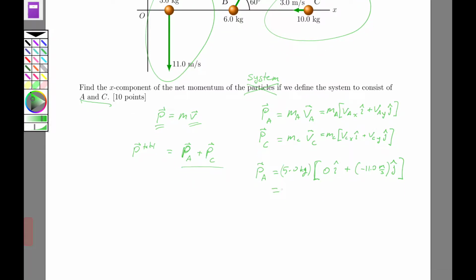So the momentum of A doesn't have an x component, it's just negative 55.0 kilograms meters per second in the j-hat direction.